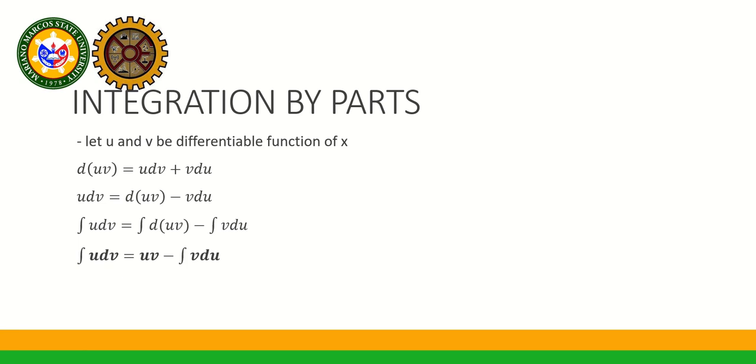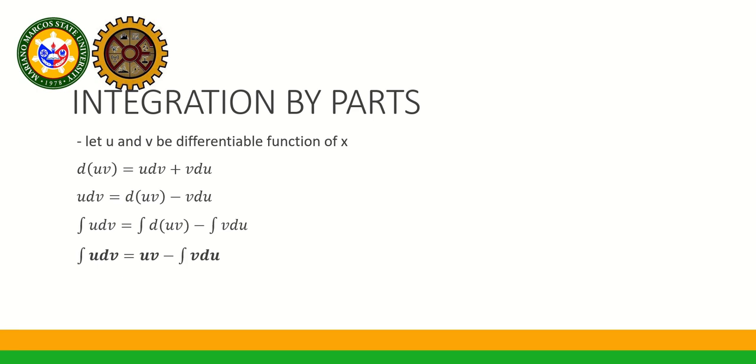So the derivative of uv is equal to u dv plus v du, from the product rule in differential calculus. So u dv is equal to the derivative of uv minus v du.